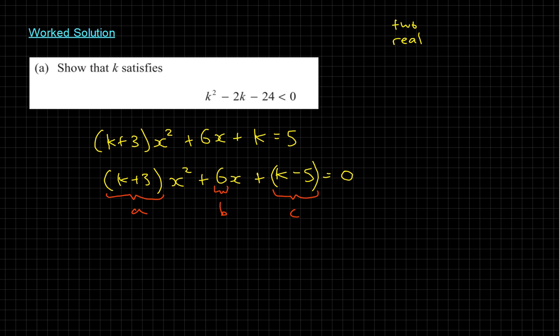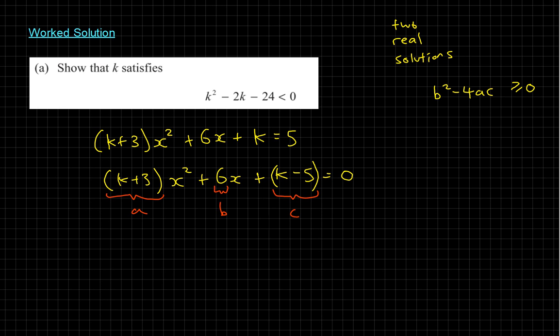And as we know, to have two real solutions to a quadratic, that must mean that the discriminant, b squared minus 4ac, must be greater than or equal to 0 in order for them to be two real solutions. And in fact, this square root we don't need because square root of 0 is 0. So really, this is the condition we want.